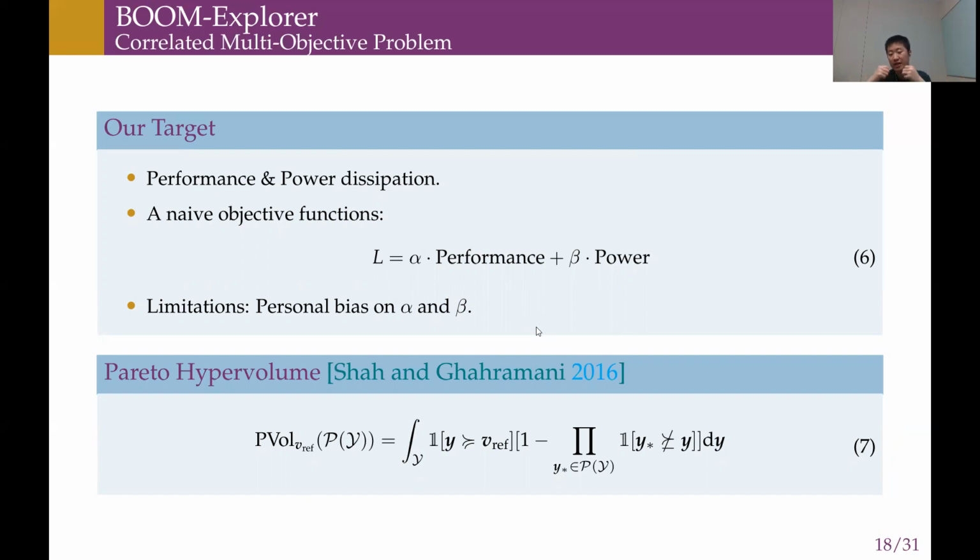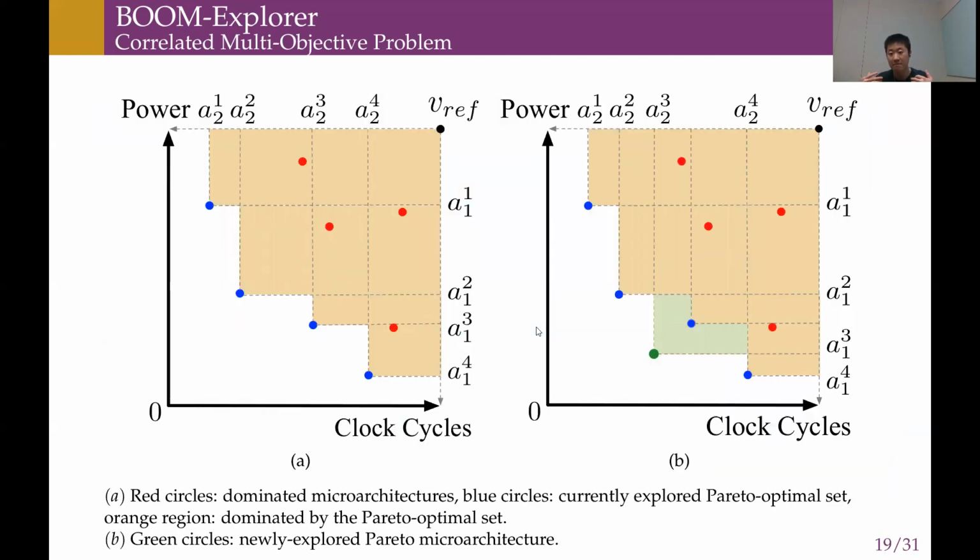So we formulate equation 7 here, and equation 7 calculates the parallel hypervolume. And what is the parallel hypervolume? This figure shows the meaning of parallel hypervolume. In the right figure, as you can see, the dominated red circles are in the orange region, and the blue circles are the currently explored parallel optimal sets.